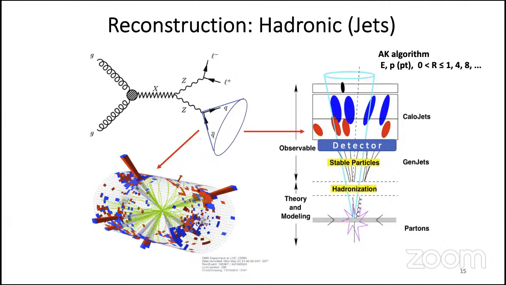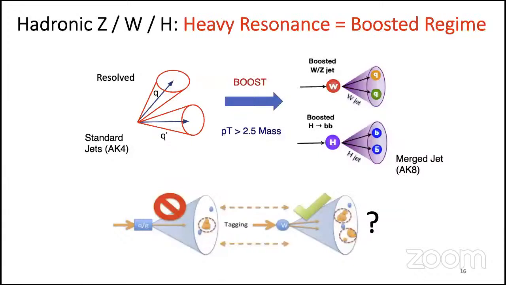We can also adjust the size of the cone, which implies that the energy and the PT change. Hadronic decays produce other issues. Working with jets and heavy resonances means going to the boosted regime, where a single jet has a PT greater than 2.5 times the mass of the boson that we can look for.